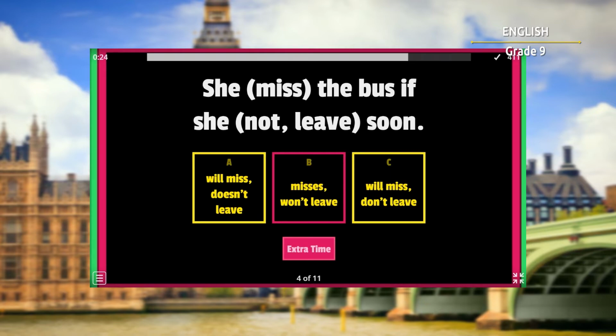In the first conditional, in the main clause, we use present simple. She misses the bus. Wait, sorry. So, in the first conditional, in the main clause, we use will.